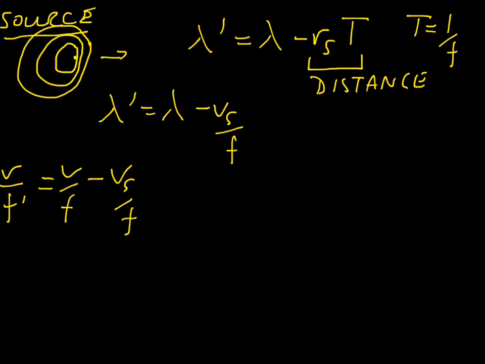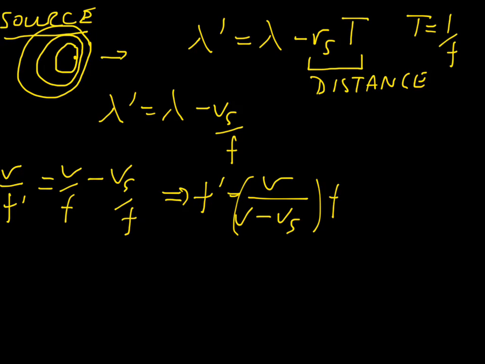So in order to simplify this and to bring the frequencies onto the numerator position, we'll bring the f prime on the left-hand side up onto the right, we'll take the f on the right-hand side onto the left, and we will divide through, and we'll see that f prime is equal to v divided by v minus vs. So that's taking the v minus vs on the right-hand side of the equation, moving onto the bottom of the left into the denominator of the left, and that multiplies f.